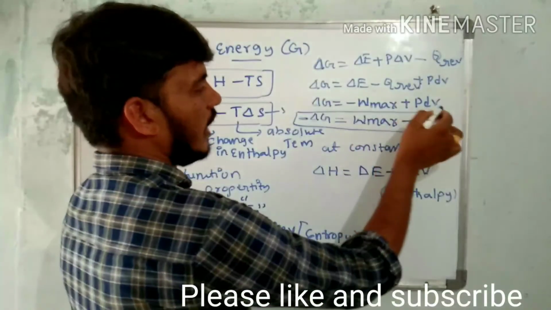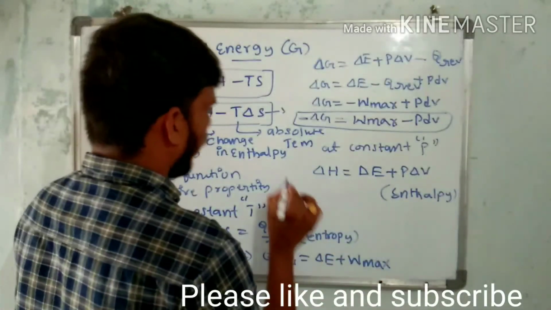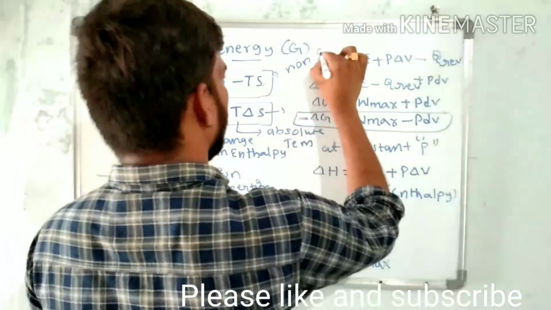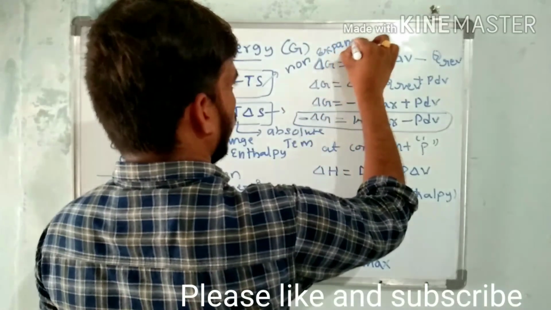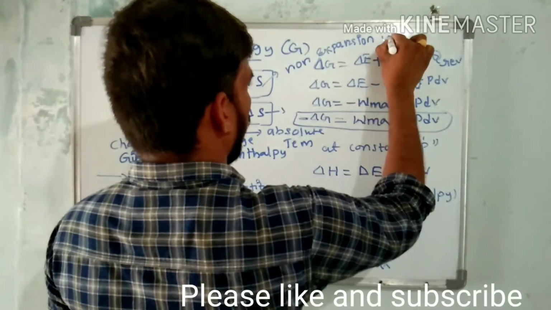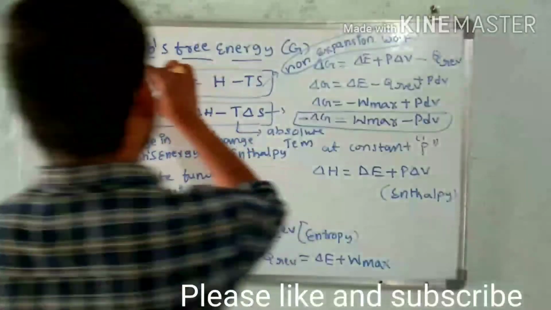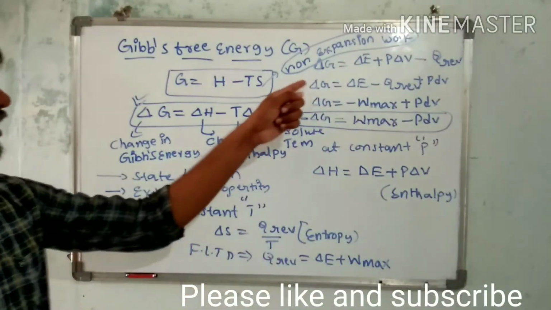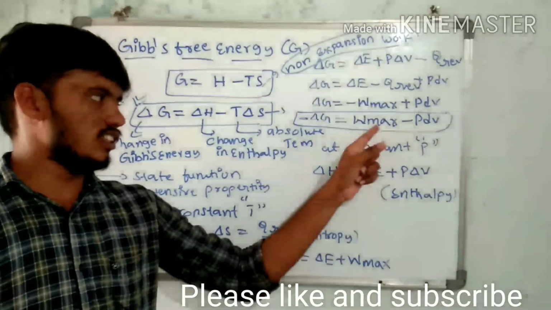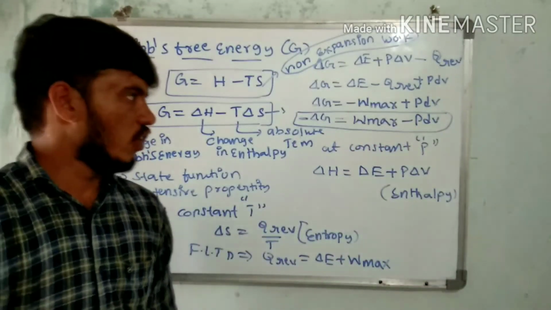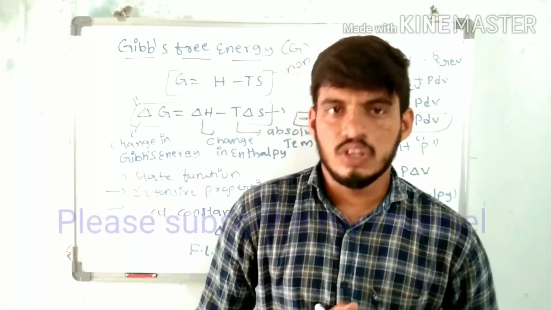Now, the maximum work with the expansion work removed is called non-expansion work. Non-expansion work is present in the Gibbs free energy. The decrease of Gibbs free energy is equal to maximum work minus expansion work. This is the concept of the Gibbs free energy.